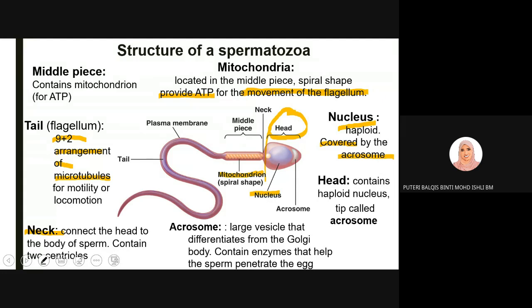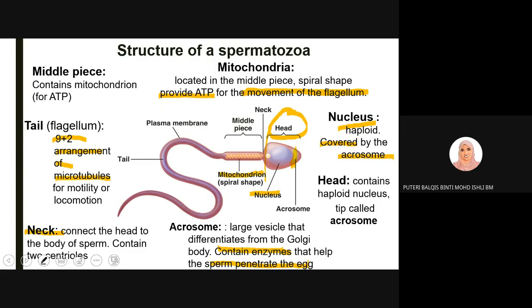And then we have the acrosome. The acrosome is a vesicle, but different from the Golgi body. It contains enzymes that help the sperm to penetrate the egg.